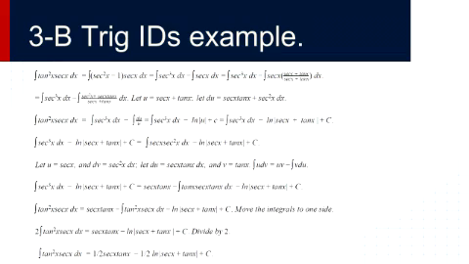Now let's take the secant cubed x integral. And now you can express the integral of secant cubed x dx as the integral of secant x times secant squared x dx. The whole thing equals the integral of secant x secant squared x dx, minus ln of the absolute value of secant x plus tan x plus constant c.